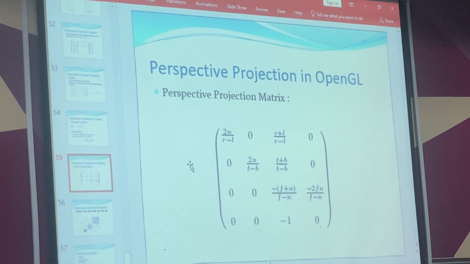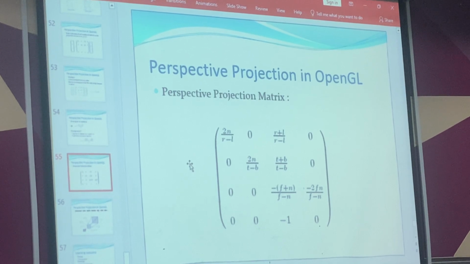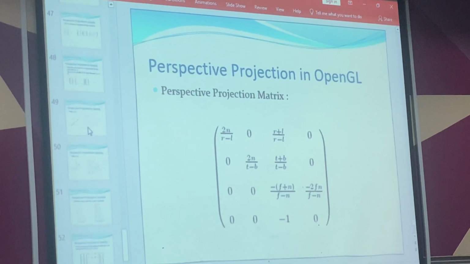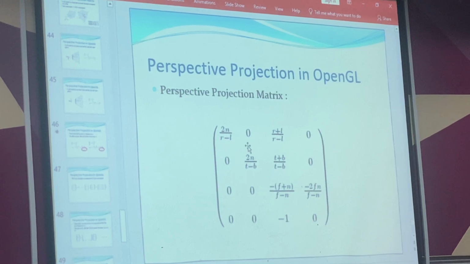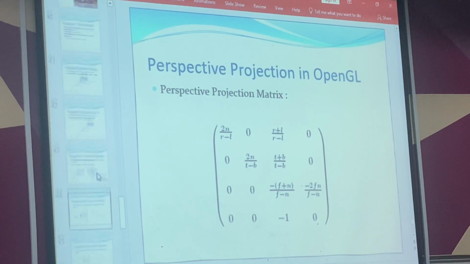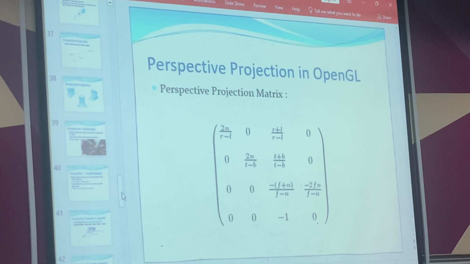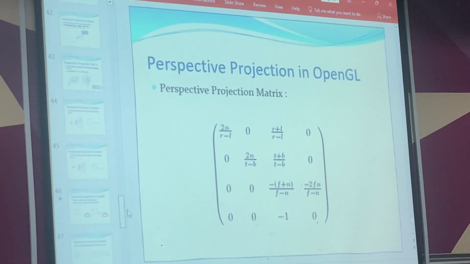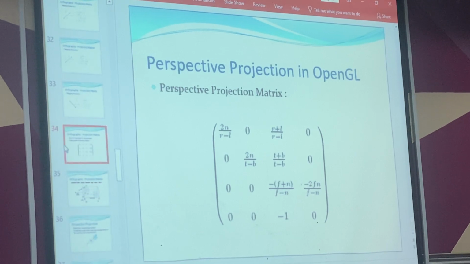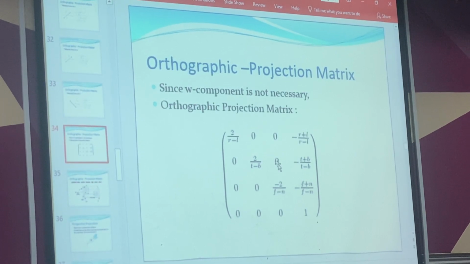But you have to know this is the projection matrix for perspective. When I say compare, is this orthographic or perspective? You should be able to tell this one is perspective, and that one just now is orthographic. Compare, this one is orthographic. But how to get this formula?